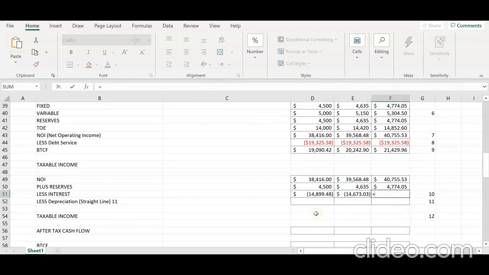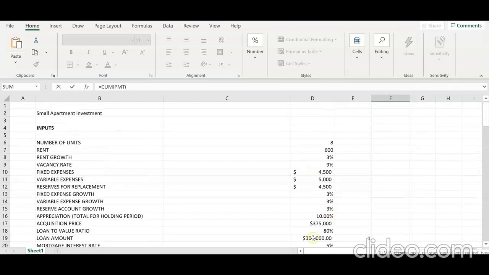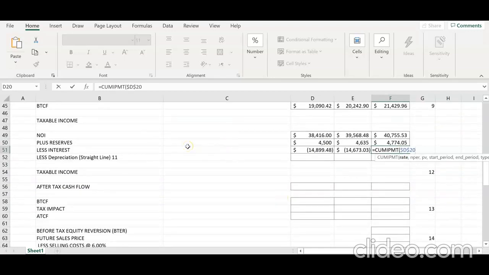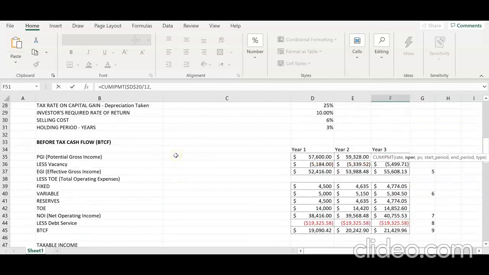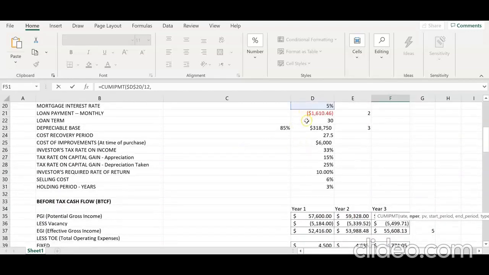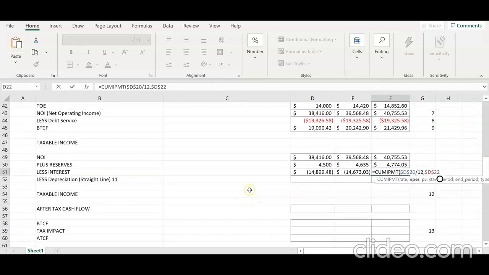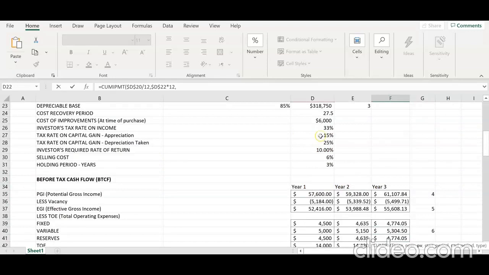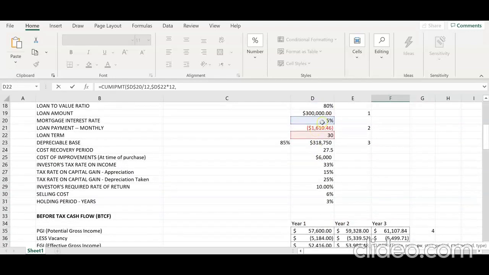And then we're going to change it to the dollar sign. Same as well for the third column, it would be CUMIPMT. The rate would be 5% in this case, and then we lock the number down, divided by 12, and then we're going to have the long term, and then we lock it down, and then multiply by 12, and then we're going to use the long term and then lock it down.